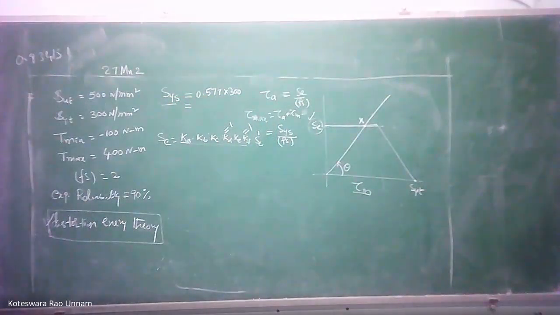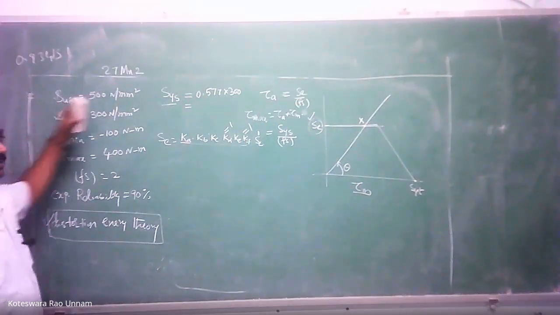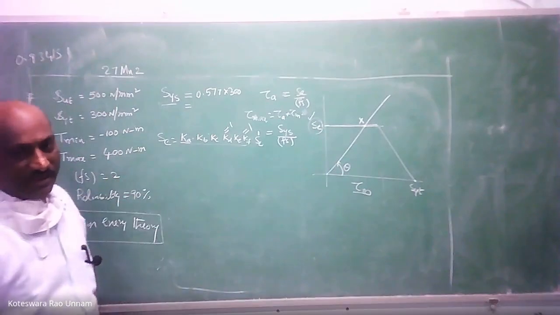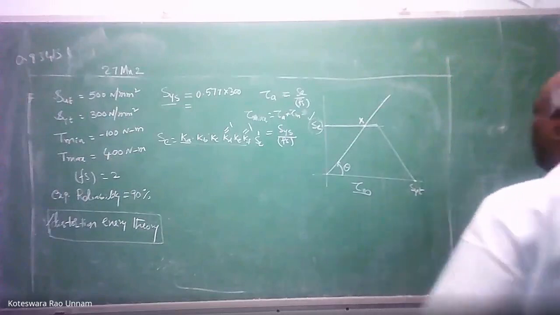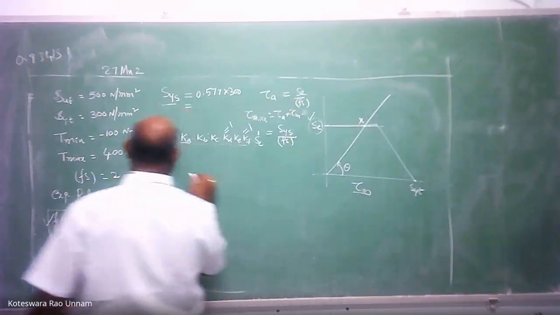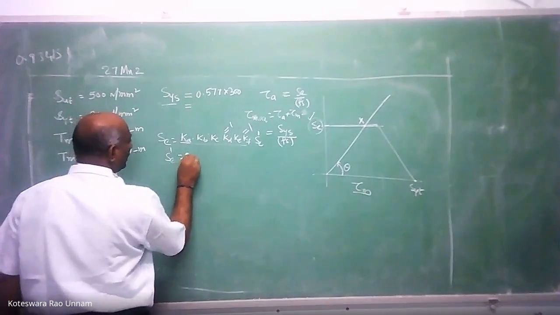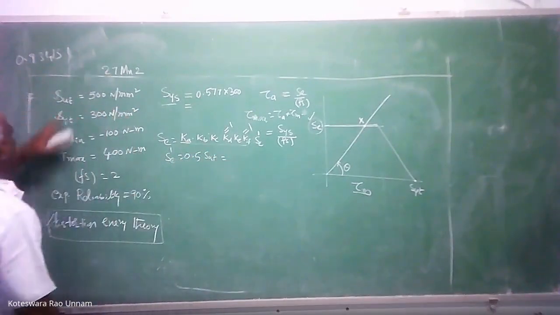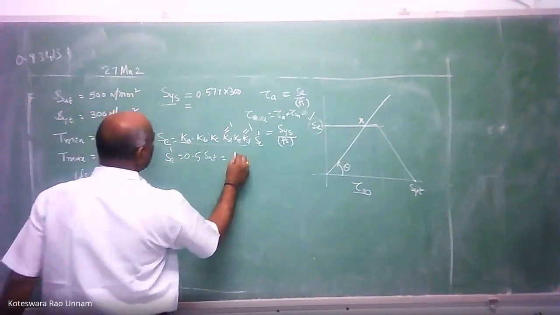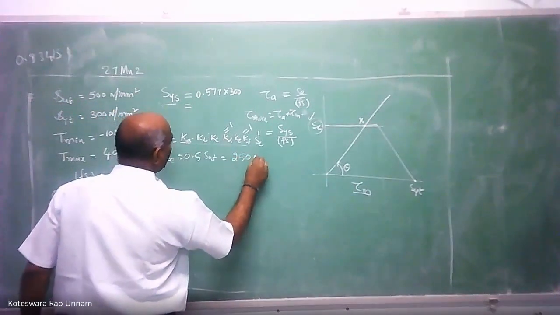So now identify this. What is the type of surface he has given? It is a cold drawn surface, cold drawn steel. So for steel, you have your SC dash is nothing but 0.5 SUT. SUT is 500, so your SC dash will become 250 MPa.